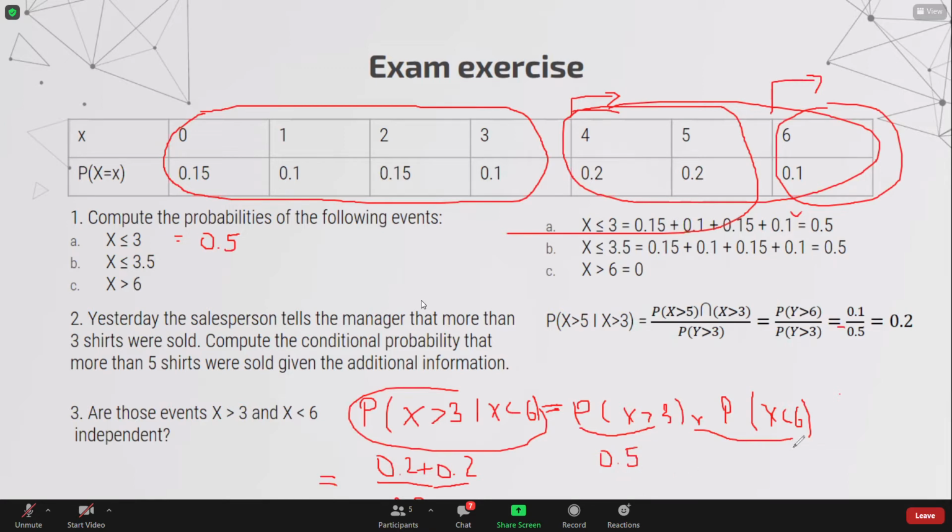And being less than 6 is everything but not 6, which is 1 minus 0.1, which is 0.9. And maybe you can calculate those numbers and let me know if that number here equals that number here.